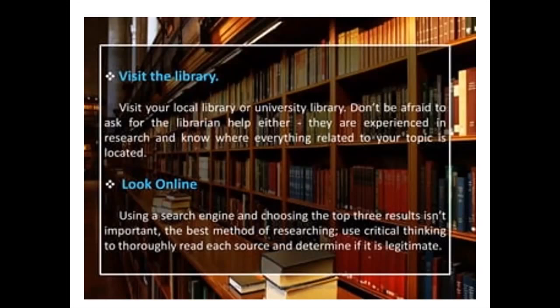If you discuss the topic with an experienced librarian, they will definitely help you find which section to go to and where the research information is located. So visiting the library is important.